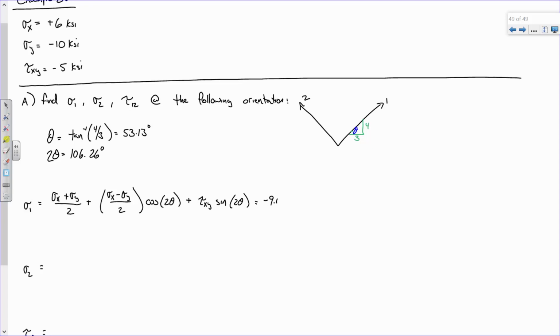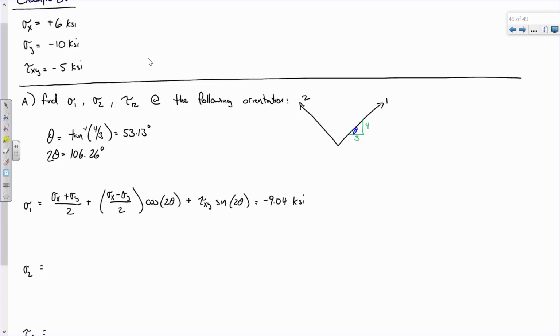Negative 9.03. Do I have a second on that? Oh, so it is 4. Yeah, no, leave it negative because it is in compression.